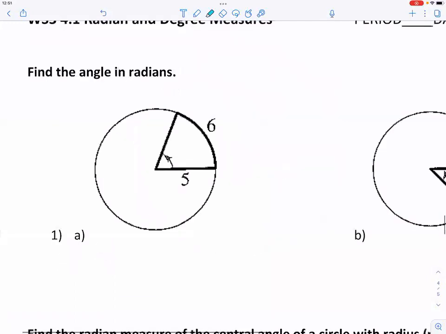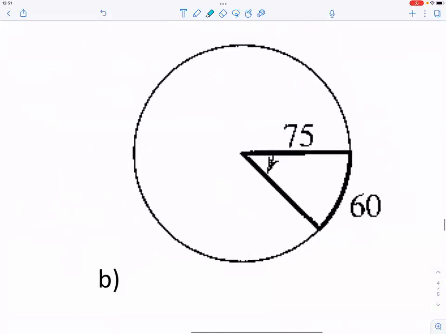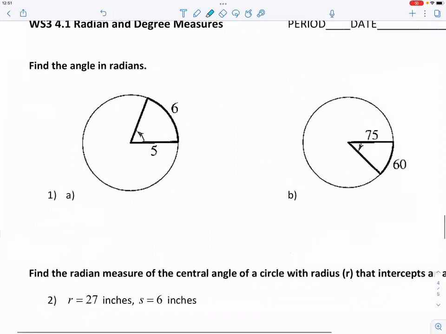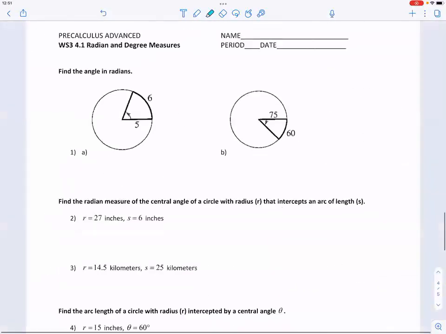Less. Okay. For this picture, is it bigger than 1 radian or less than 1 radian? How do you know? Yeah, the radius is 75, and the arc length is less than 75. Now, if you're able to quickly answer these 2 questions, I am very pleased.